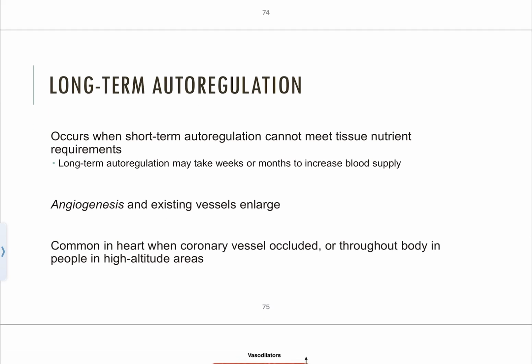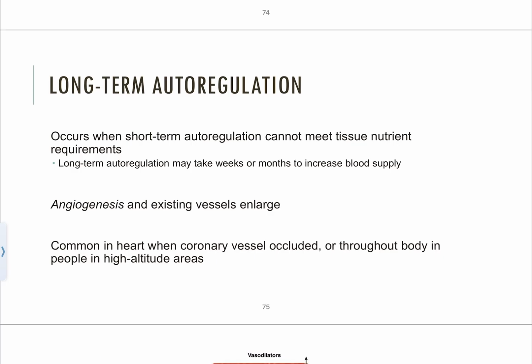Long-term autoregulation. We have long-term autoregulation that occurs when our short-term autoregulation is not sufficient in meeting the tissue's needs for the nutrients or the gases that it requires. But it can take weeks or months to increase our blood supply. How does it do this?